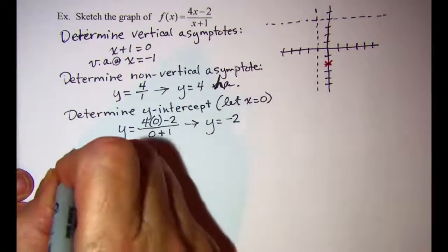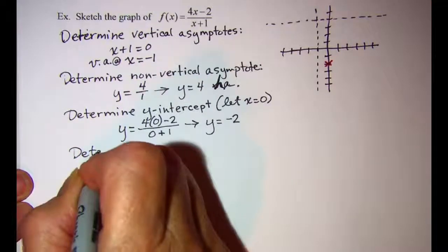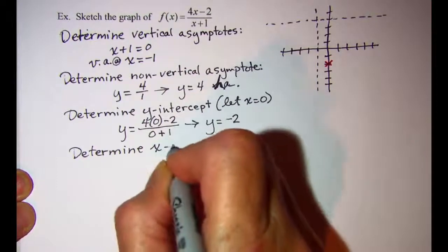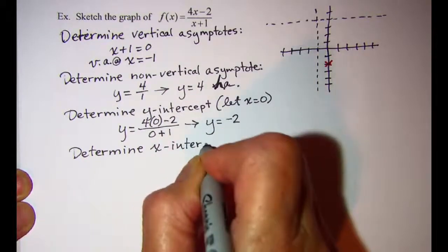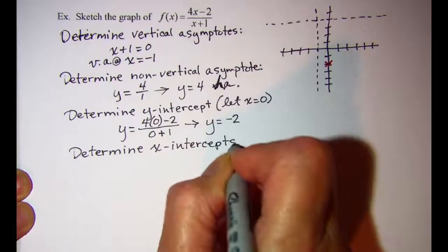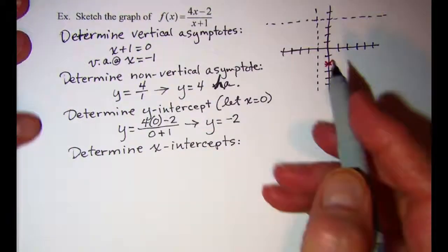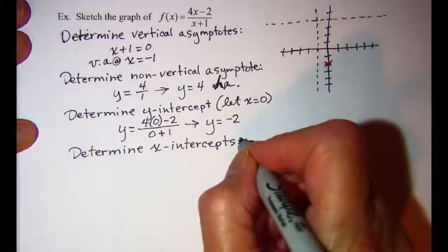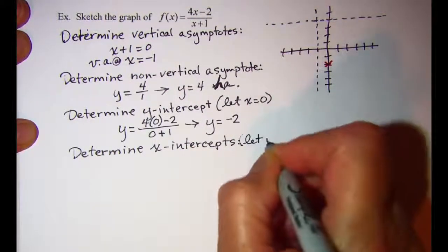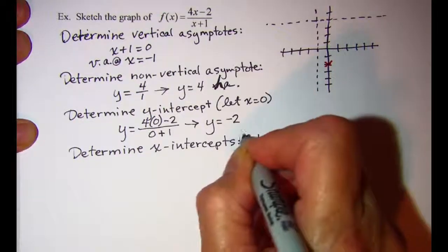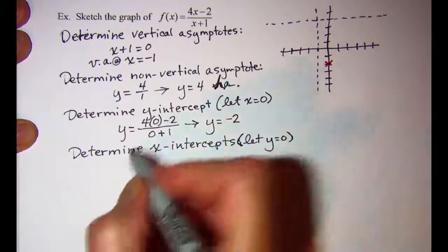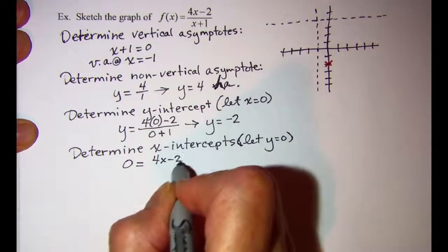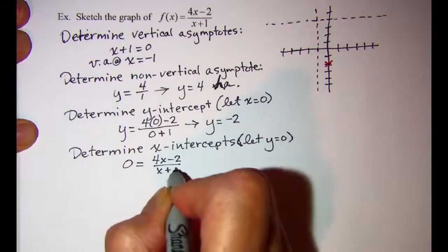Then we need to determine x-intercepts. We do that by letting y equal 0. So 0 equals 4x minus 2 over x plus 1.